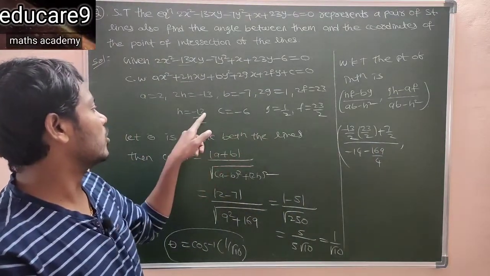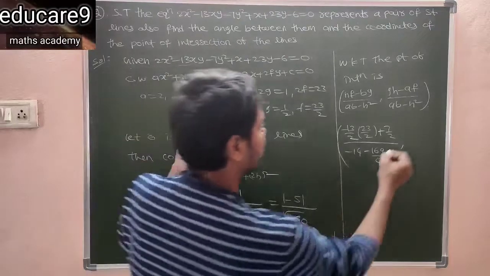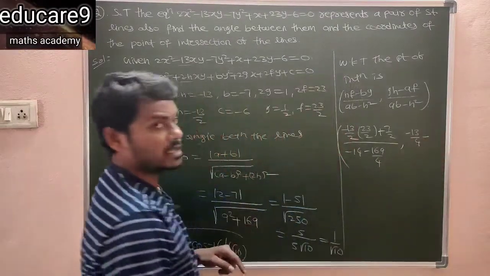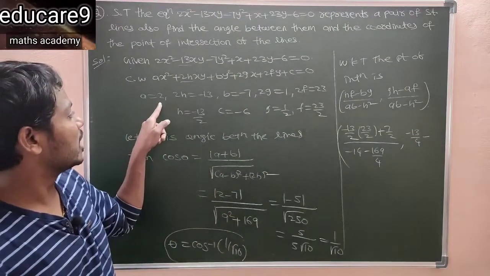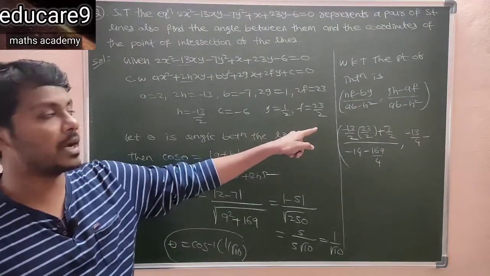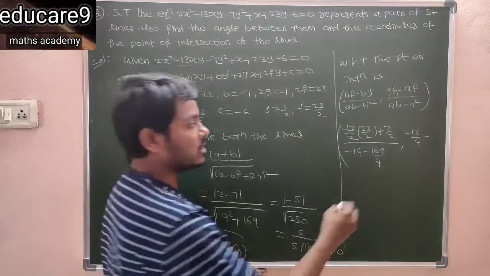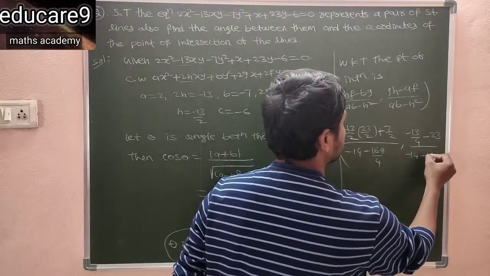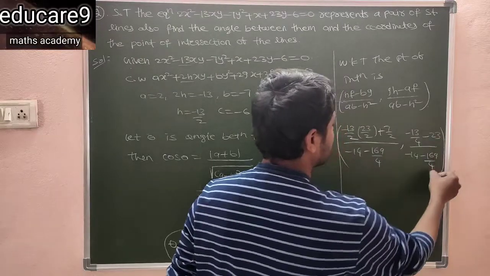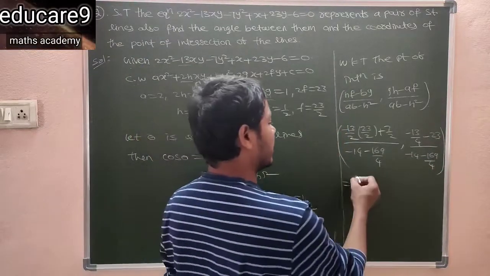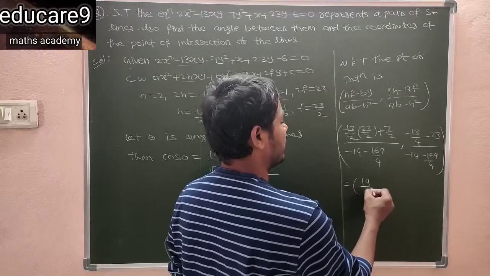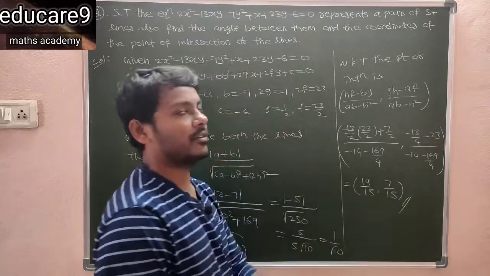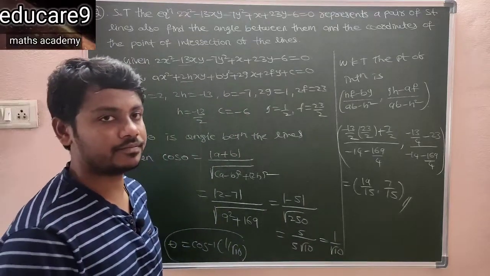So 1 by 2 into minus 13 by 2, that is minus 13 by 4, minus af. So a value is 2, f is 23 by 2. So clearly, that is 23. Divided by minus 14 minus 169 by 4. So simplify this, you will get 19 by 15, comma 7 by 15. So this is the point of intersection of the pair of lines.